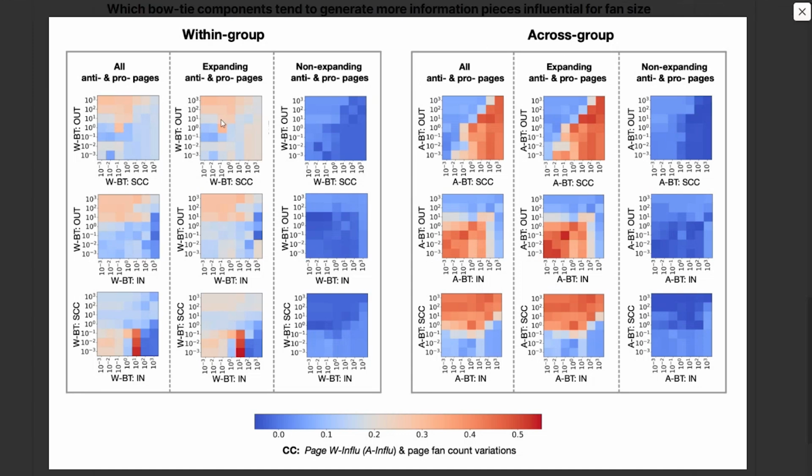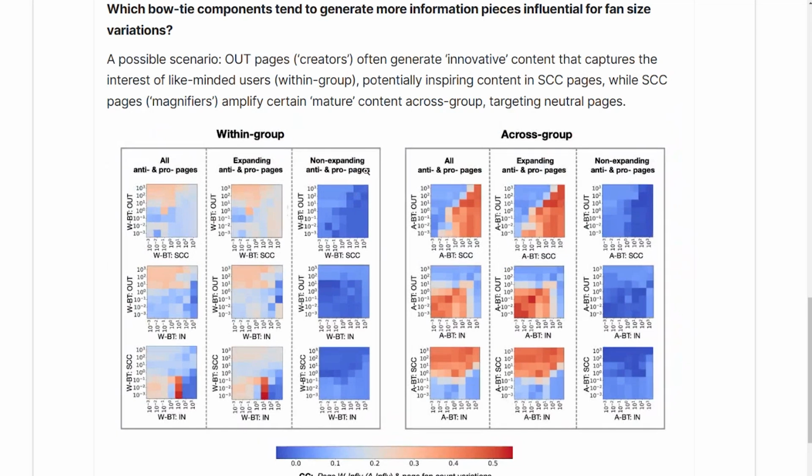For the within group panel, we discover that out pages tend to generate more information pieces that are influential in recruiting fans. On the other hand, for the cross-group bow tie structure, the SCC pages tend to generate more information pieces that can recruit neutral pages' followers.